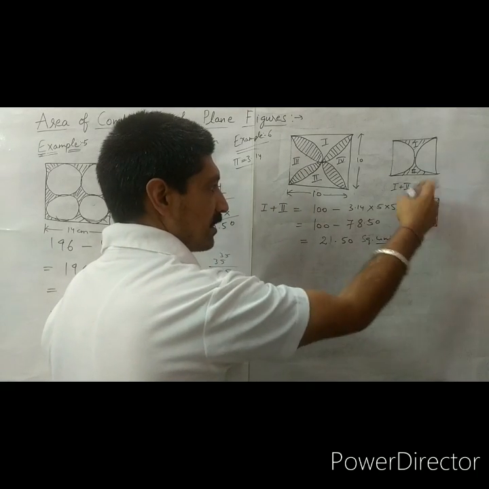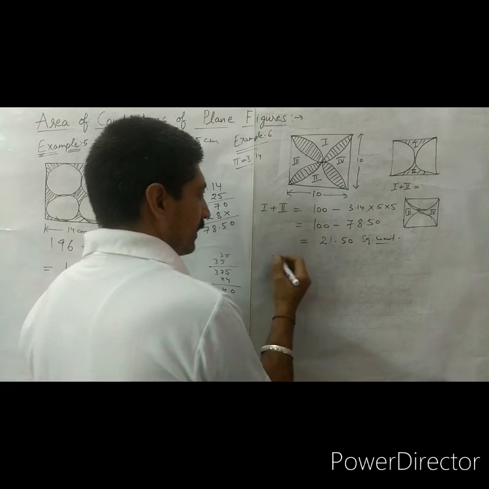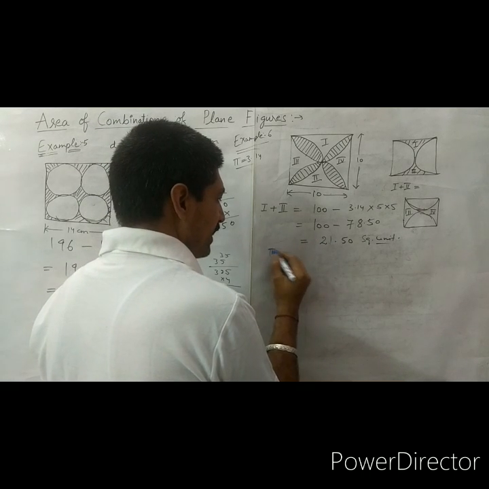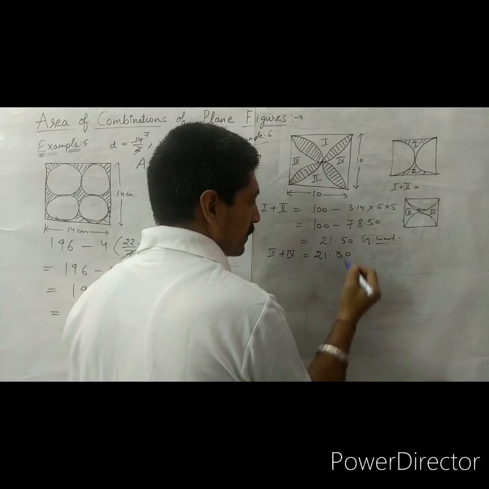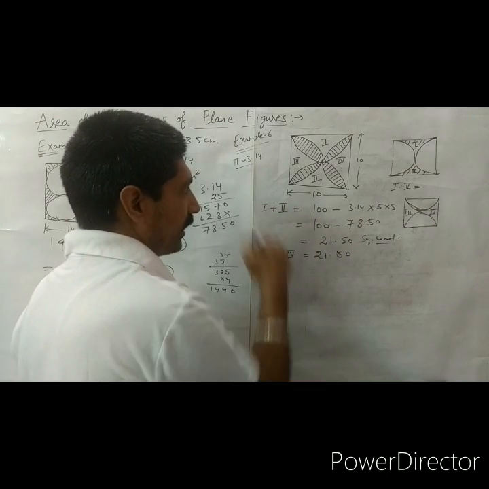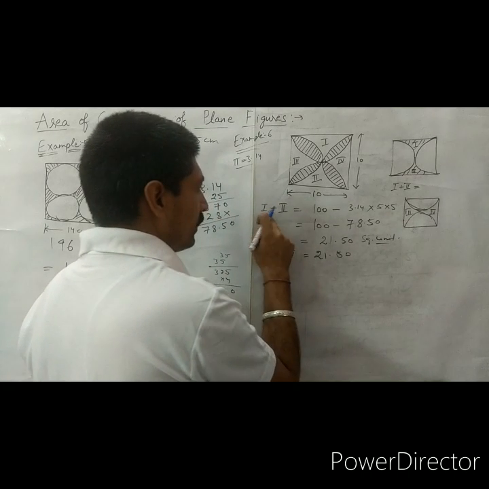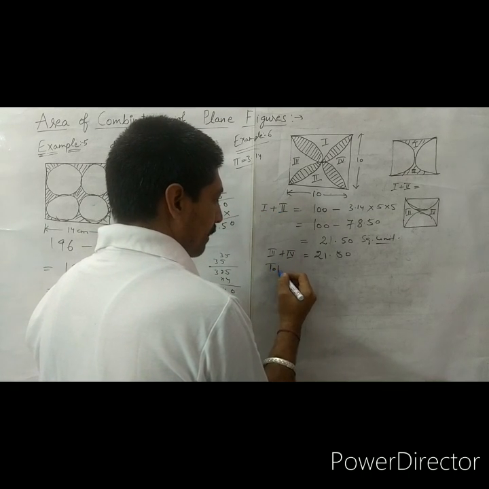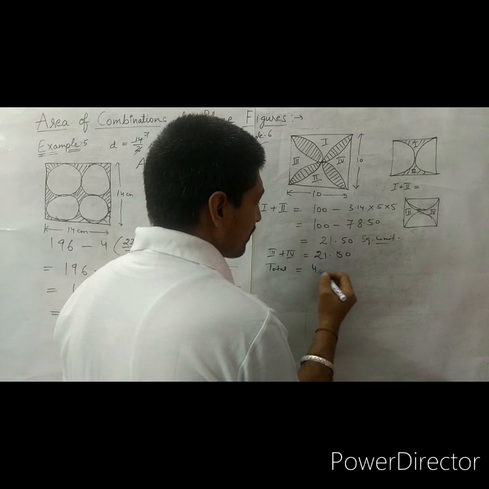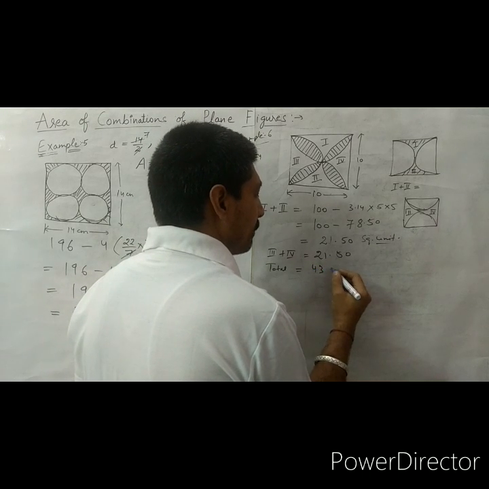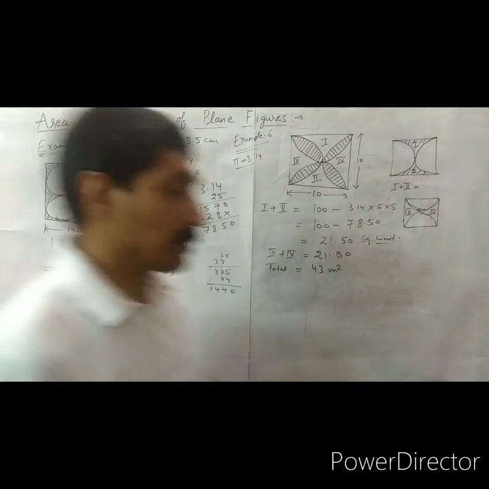Area of the square minus area of one circle. So we have the total area, that is area 3 plus area 4 is also equal to 21.50. So combining these 4 areas, adding both, the total is equal to 43 meter square. Now come to the question.